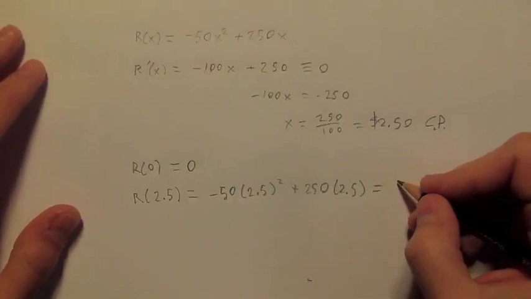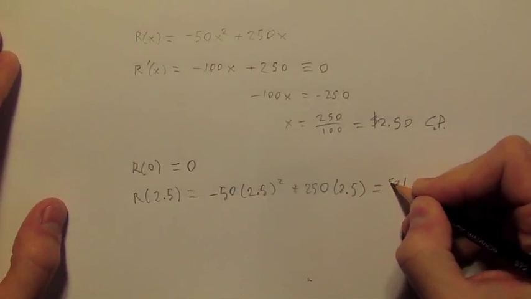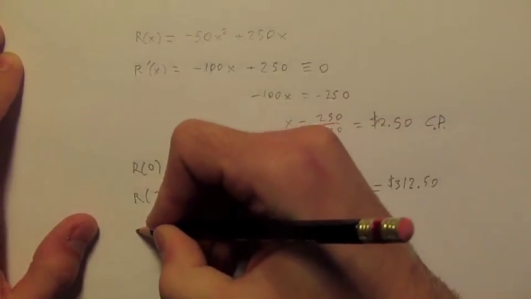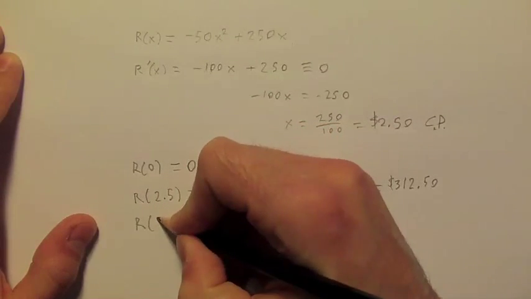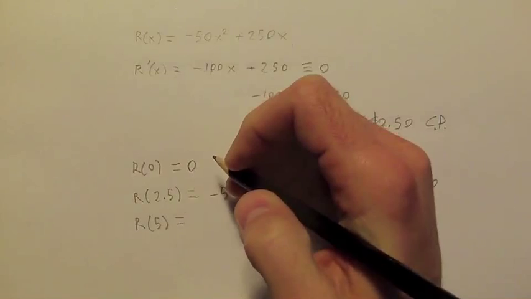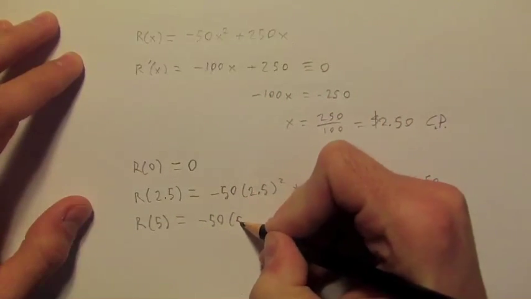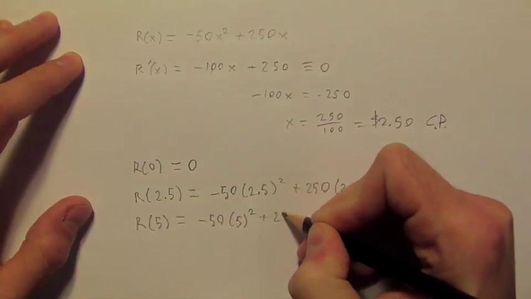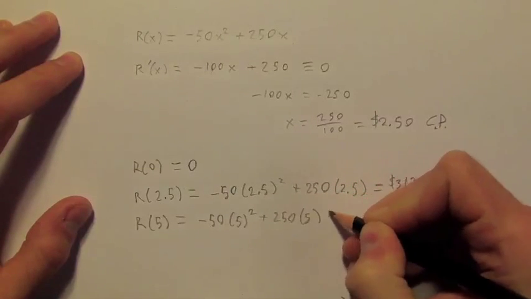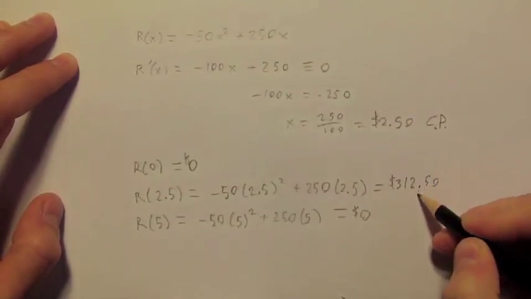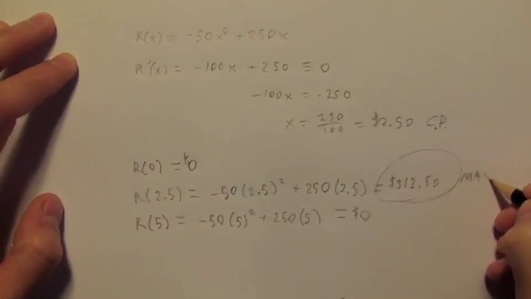I got $312.50. And if we plug in 5, so negative 50 times 5 squared plus 250 times 5, what we get again is 0. So this is definitely the max.